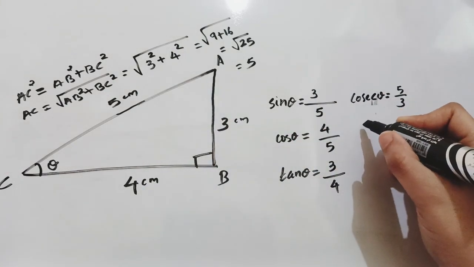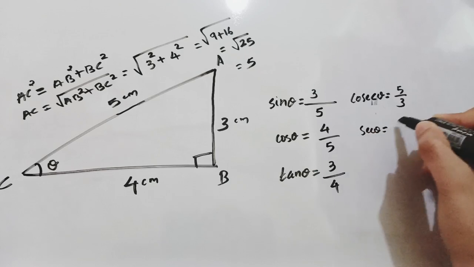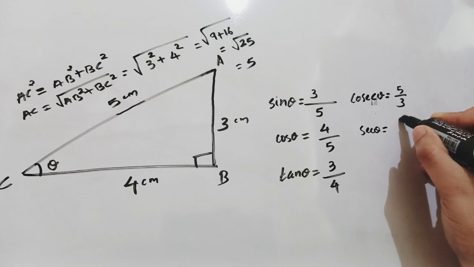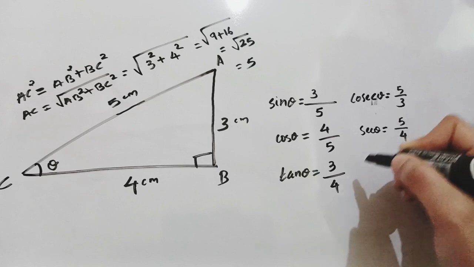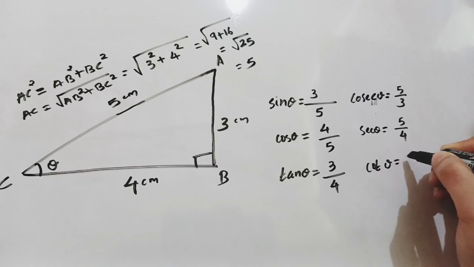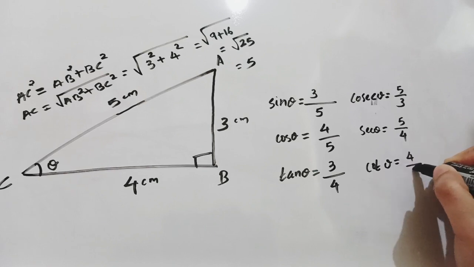Then sec theta equal to 1 by cos theta, or hypotenuse by adjacent side, that is 5 by 4. Then cot theta equal to 1 by tan theta, or equal to adjacent side by opposite side, then 4 by 3.